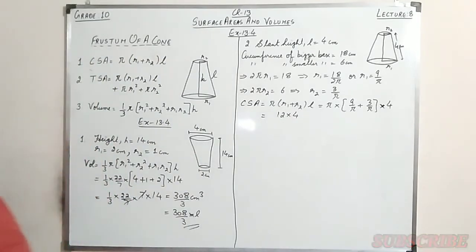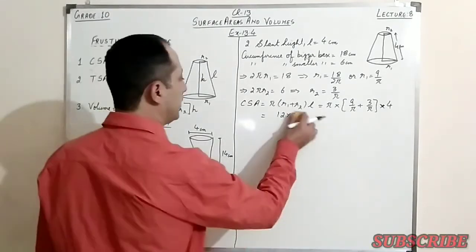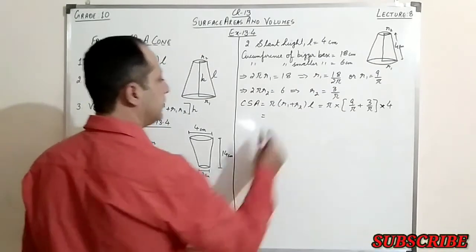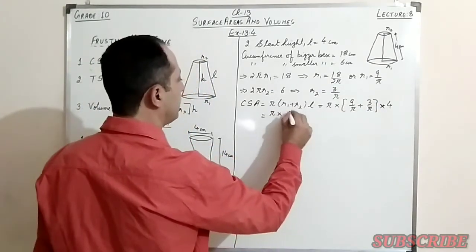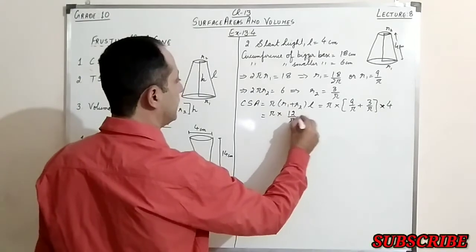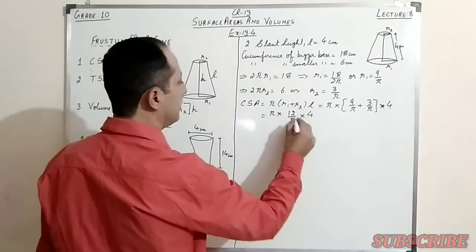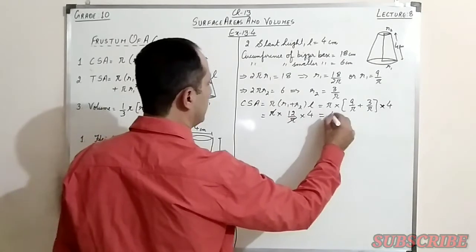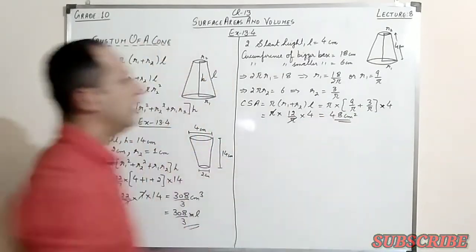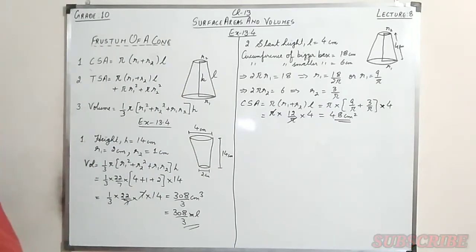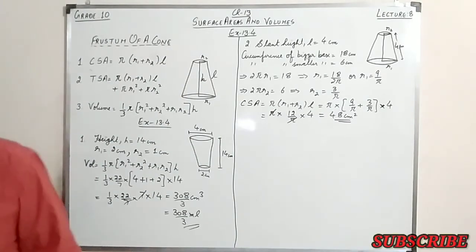Let me show you how I am saying it. So this is pi. If you take the LCM and simplify, this becomes 12 upon pi. And this pi cancels. So what I got is 48 centimeter square. So this is the solution of question number 2.